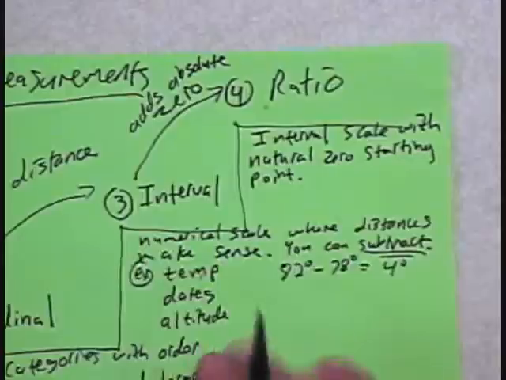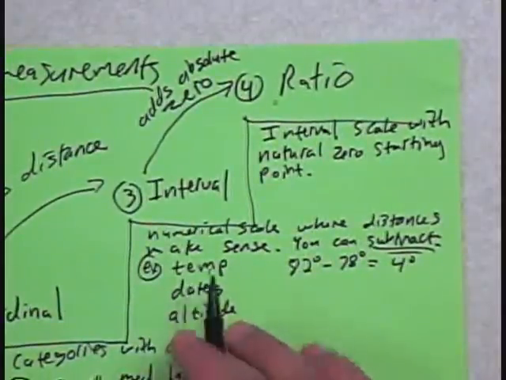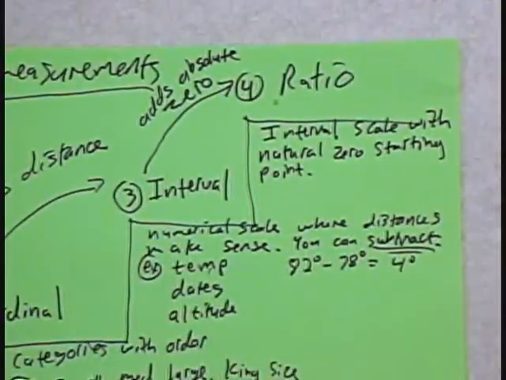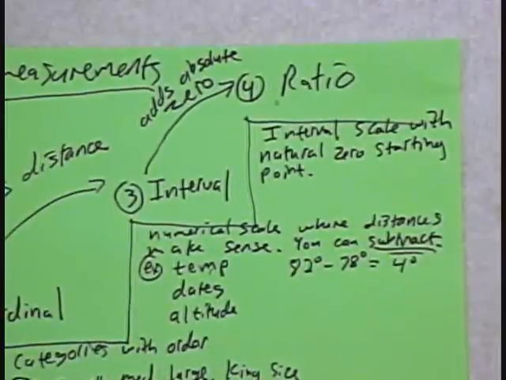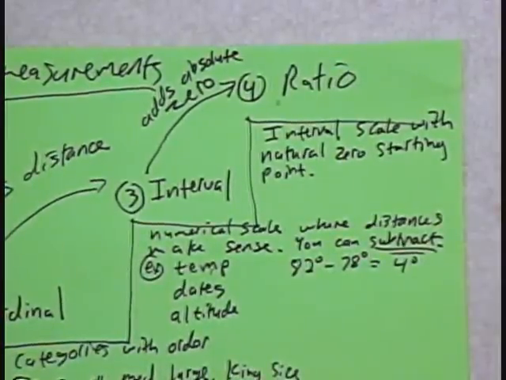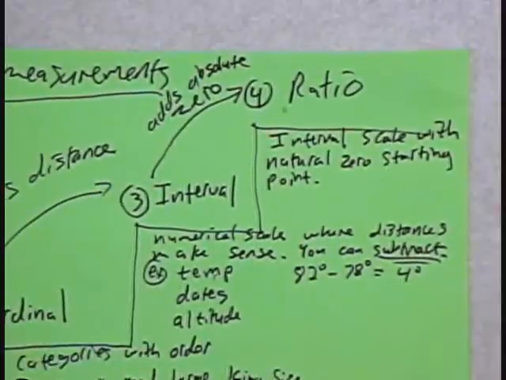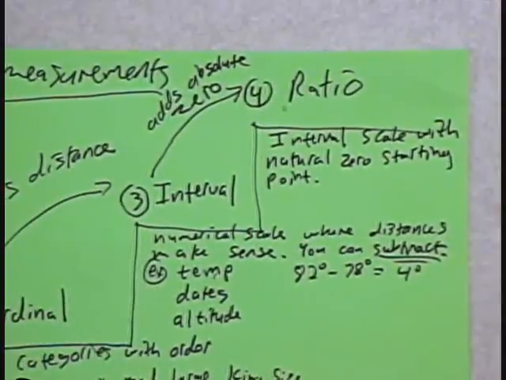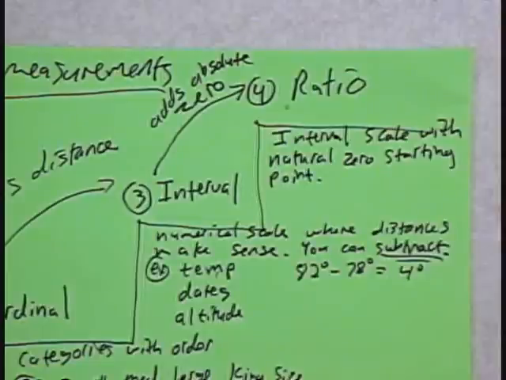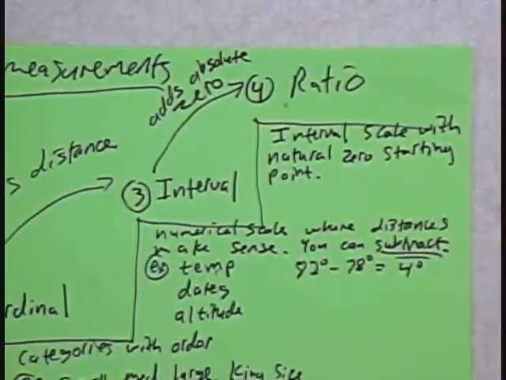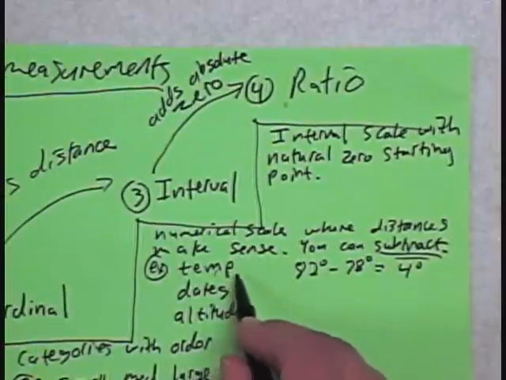For example, think of temperatures. 0 degrees Celsius is the freezing point of water. But in Fahrenheit, the freezing point of water is 32 degrees. So the freezing point of water is just some other temperature. It's just a given temperature where water freezes, and that's where Celsius chose 0 degrees to be.